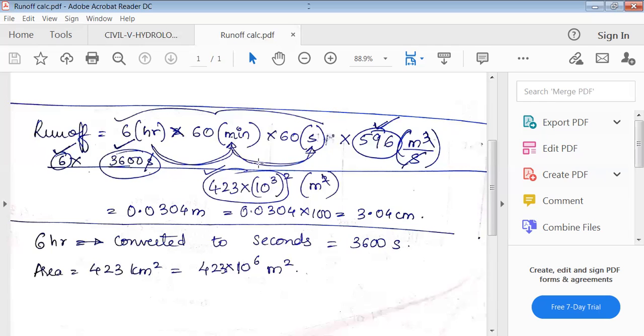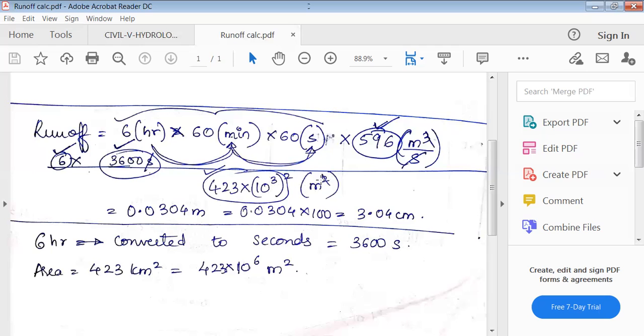Now divide this. So this is time into runoff divided by area. The area is 423 kilometer square. You have to convert that kilometer square into meter square. Because it is meter square, first convert kilometer to meter. Kilometer to meter is 10 to the power 3. So we've converted into meter.